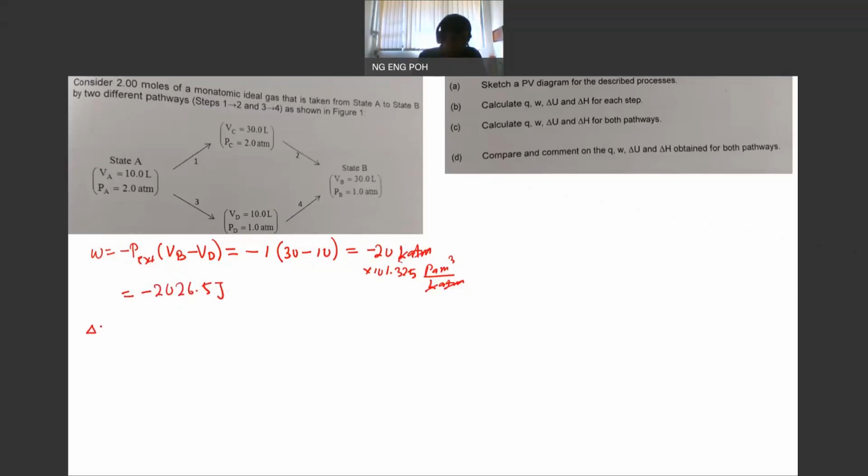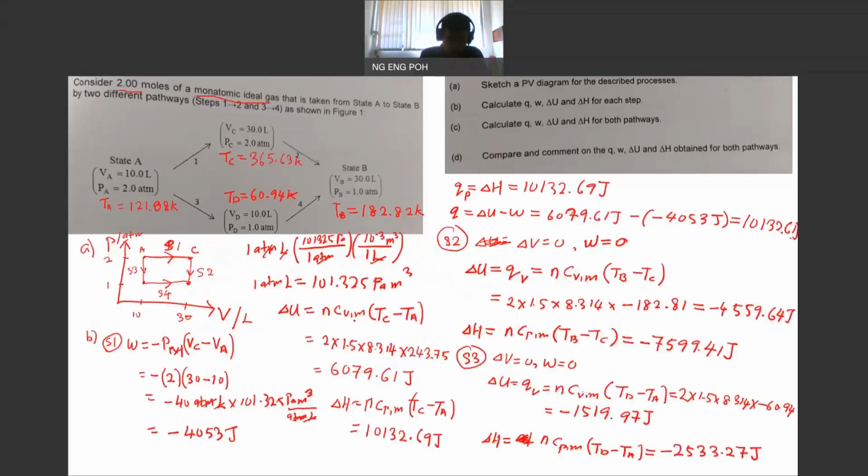Then delta U. Delta U is NCVM times TB minus TD. So N is 2 times 1.5 times 8.314 times TB minus TD, which is 182.82 minus 60.94.